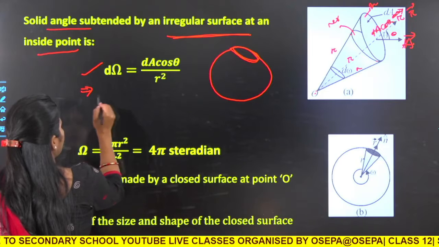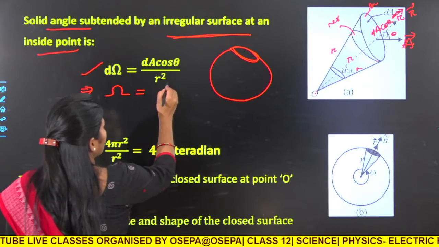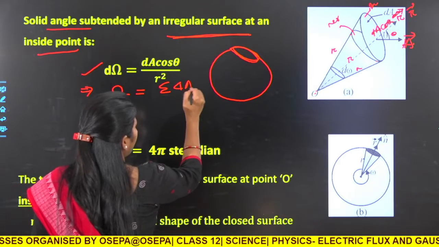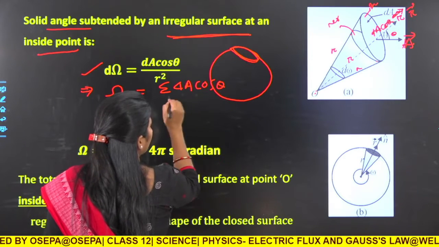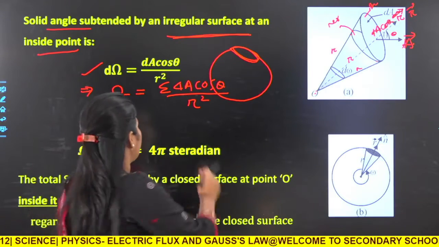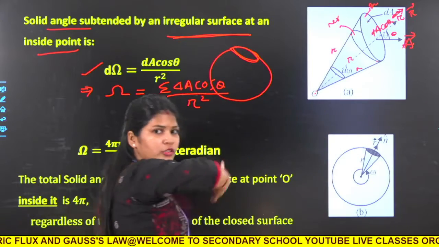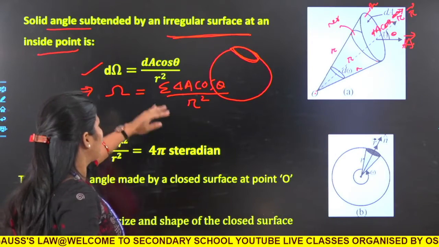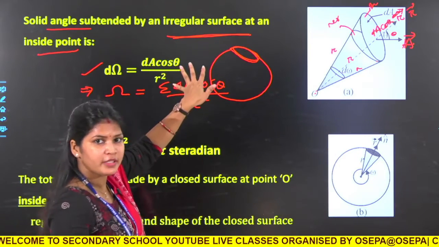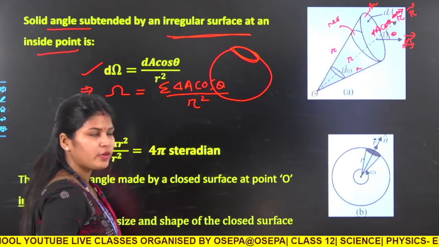Then what will be the omega? Omega is the summation of delta A cos theta by r square. Isn't it? For the total solid angle, omega is equal to the sum of delta A cos theta by r square.